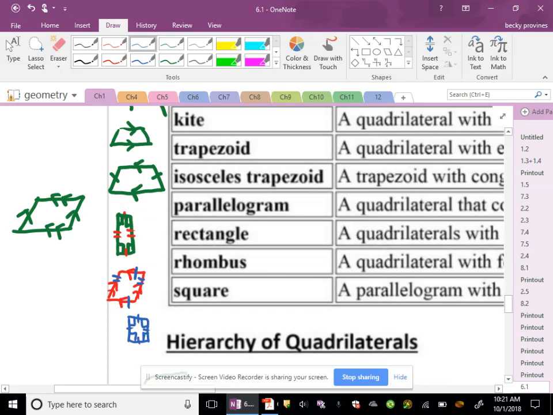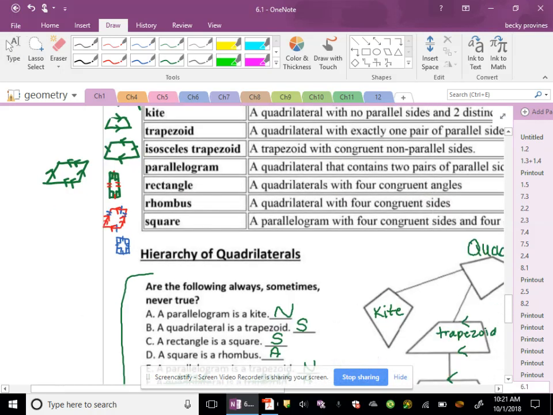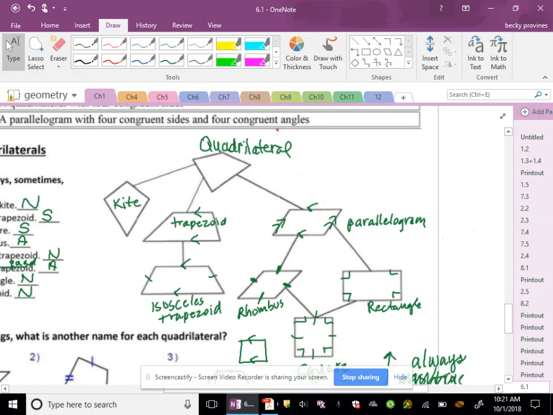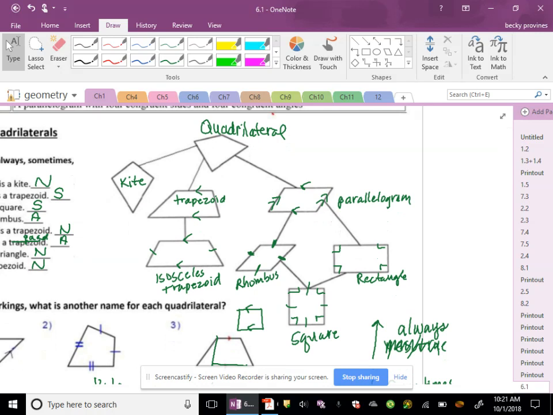There's a square. All right, so here I always call this the family tree of the quadrilaterals. This is actually very helpful, and we're going to use this the entire chapter. So we start out with the quadrilateral, and it breaks into three families.